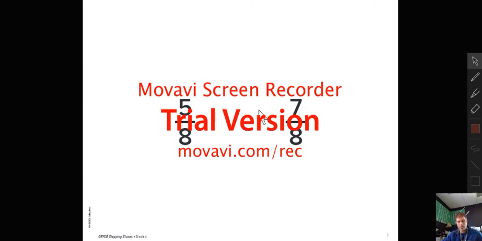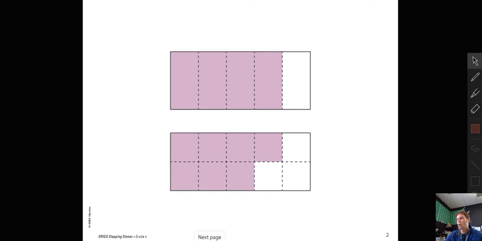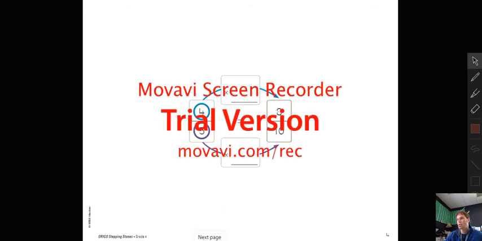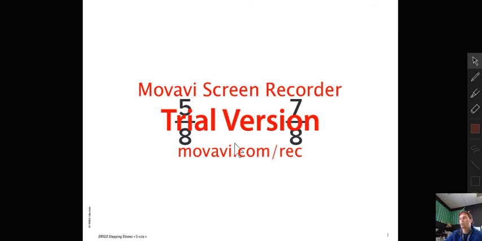So 5/8 compared to 7/8. Sorry, I'm pausing because I'm trying to think if this is showing exactly what I just did. Oh, brother. No, it doesn't.